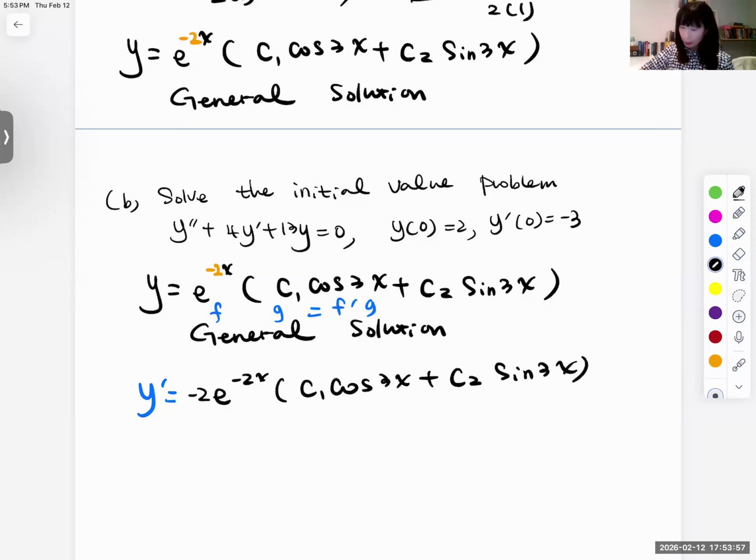And plus f g prime. So we get f, e to the negative 2x, g prime term by term, right? So we have c sub 1, derivative of cosine 3x is negative sine 3x and times 3, right?